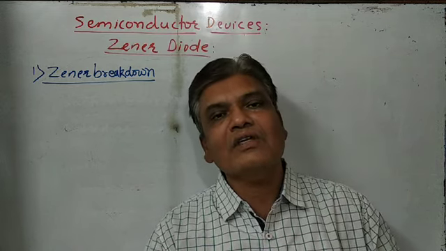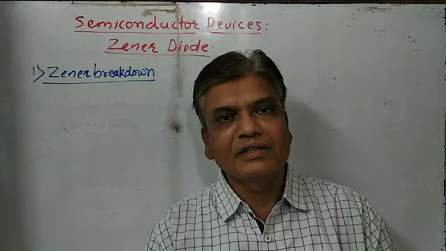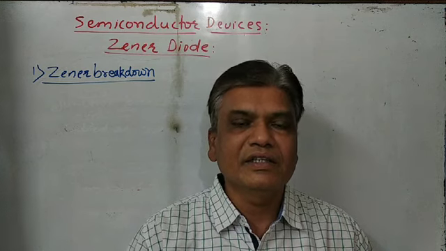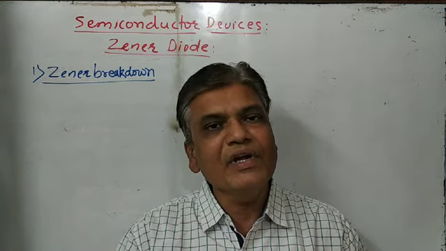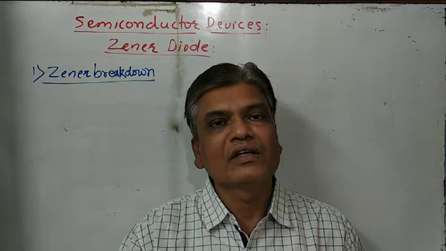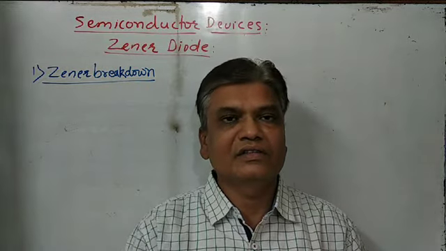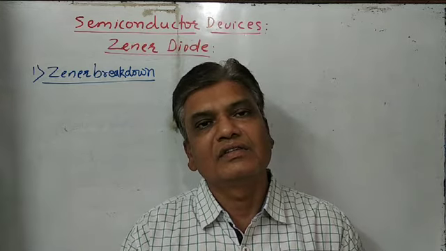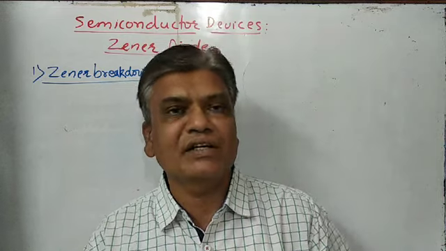These electrons are available for electrical conduction, and the net effect is a rapid increase in current at a certain voltage. That is called Zener breakdown.